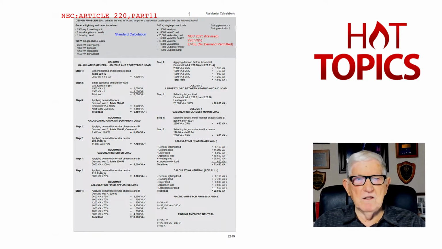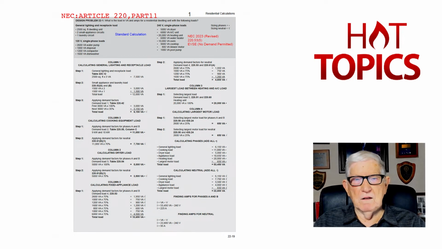Now, again, 70% of that in step 2 here, under column 2, calculating dryer load. You can apply 70% of that by 220.61B1. And we come up with 3,500, check mark, dot, representing phase-to-phase ungrounded conductors, and then your neutral.